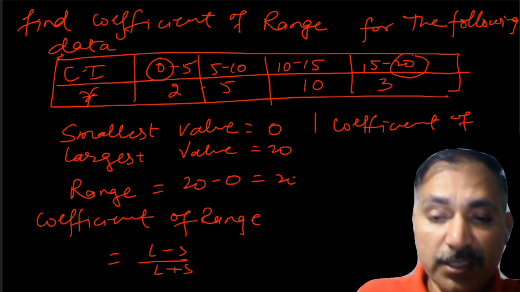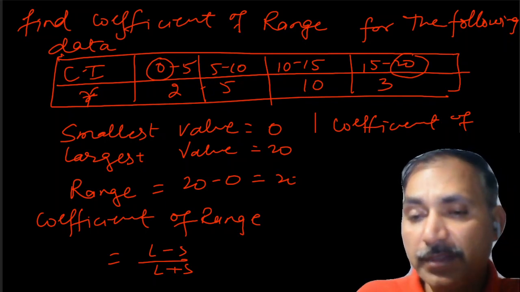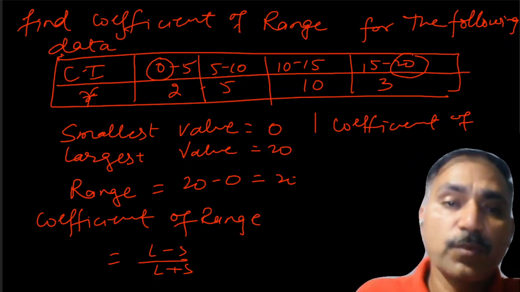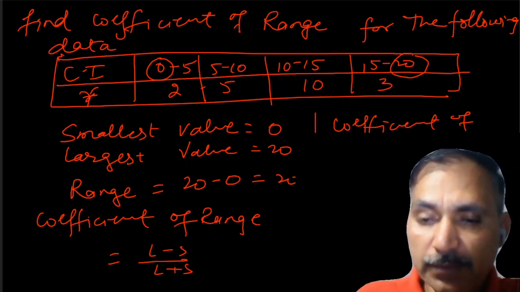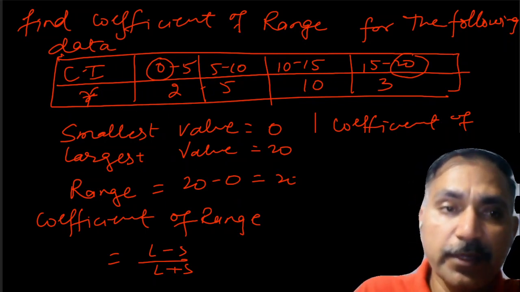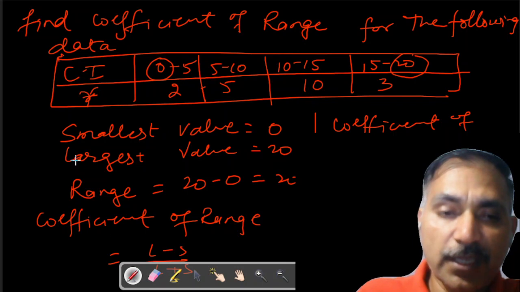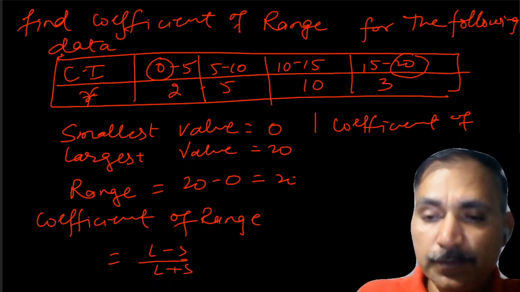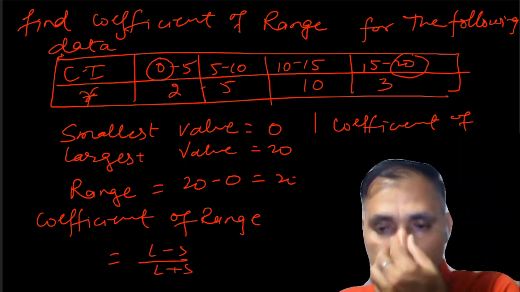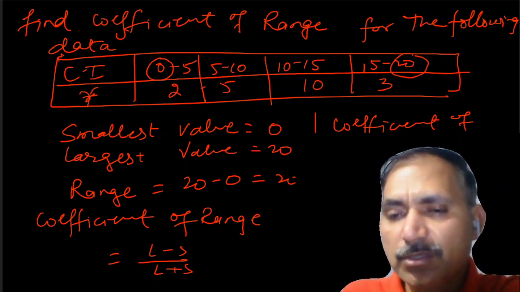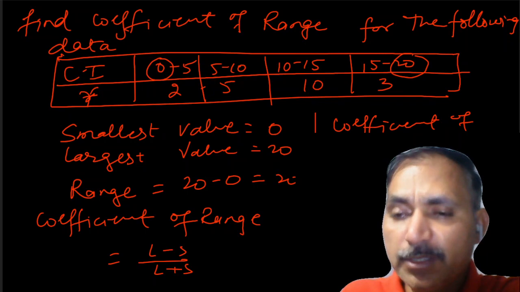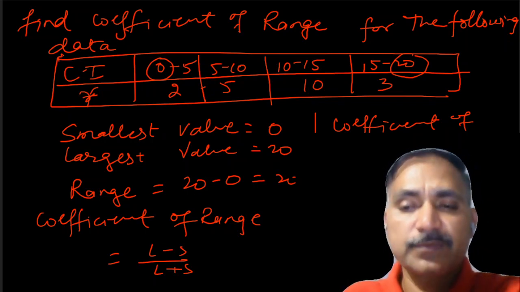So the coefficient is equal to 20 divided by 20, that is equal to 1.